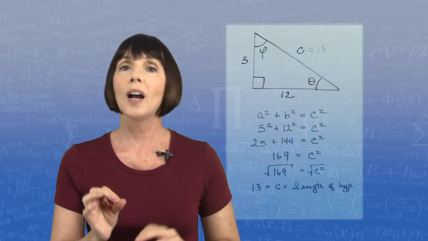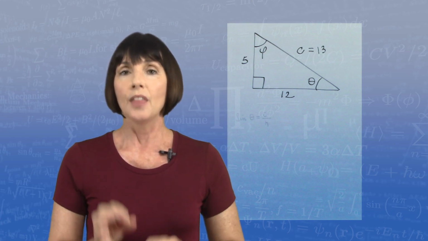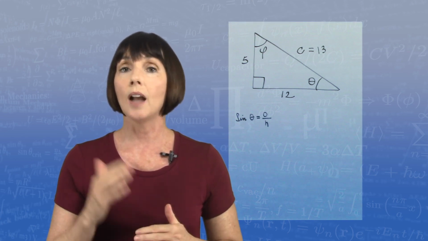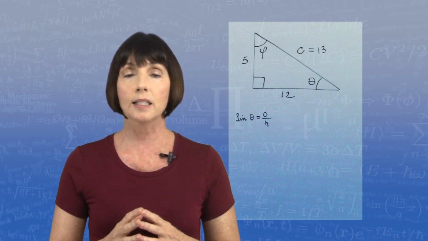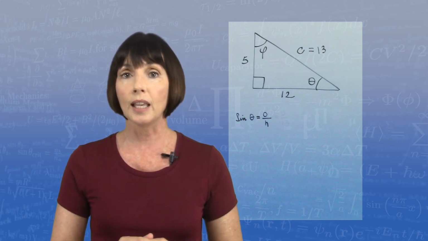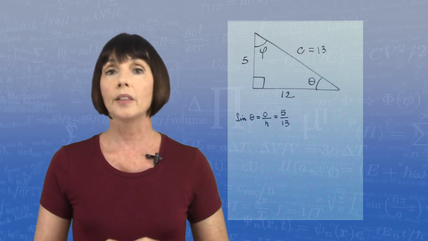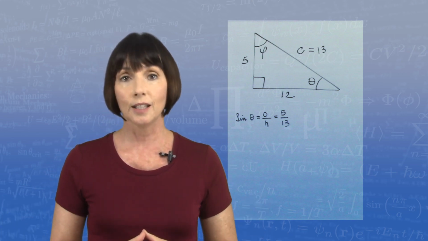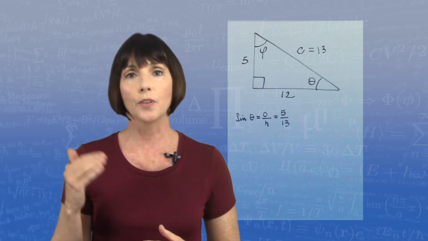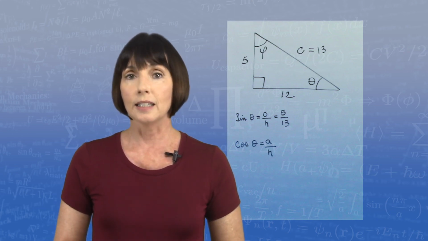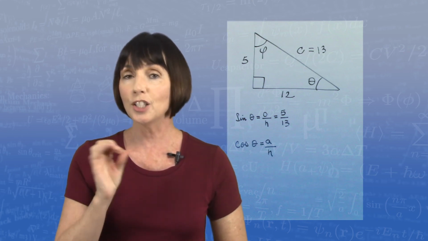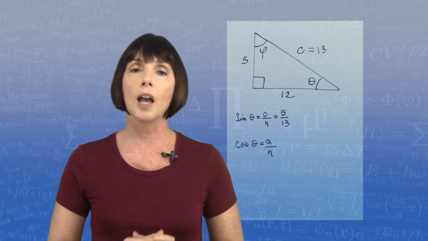Now, let's find the sine of angle theta. That's equal to the length of the side opposite divided by the length of the hypotenuse. Now, in this case, the length of the side opposite theta is 5, and the length of the hypotenuse is 13. So the sine of theta is 5 over 13. The cosine of angle theta is the length of the side adjacent to the angle divided by the length of the hypotenuse.